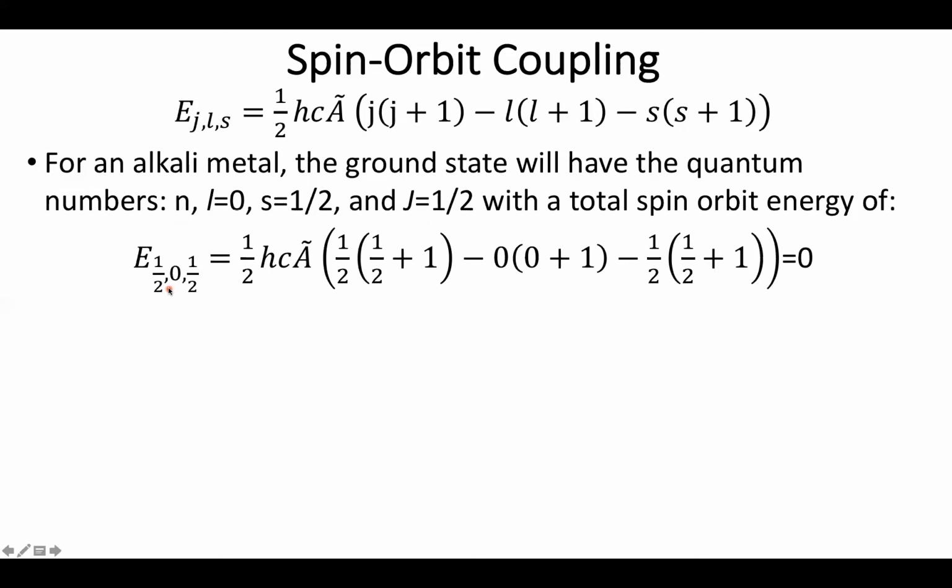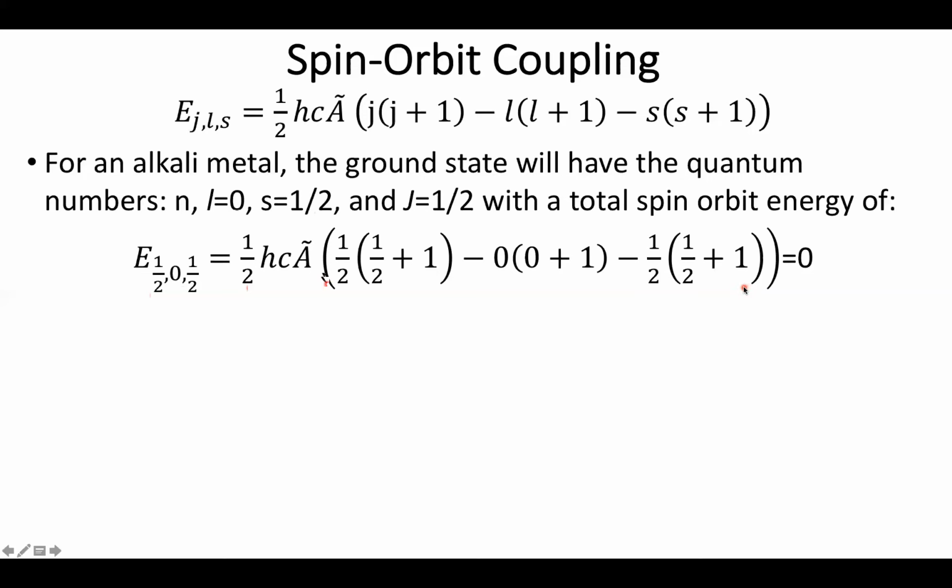And then when I plug this into my energy equation, where again I denote my total, orbital, and spin angular momentums, I'm going to have my nice little constant of 1/2 hc times the coupling constant times 3/4 minus 0 for my orbit minus 3/4 for my spin.